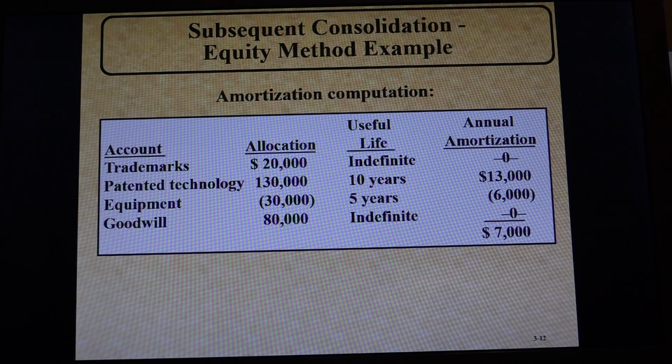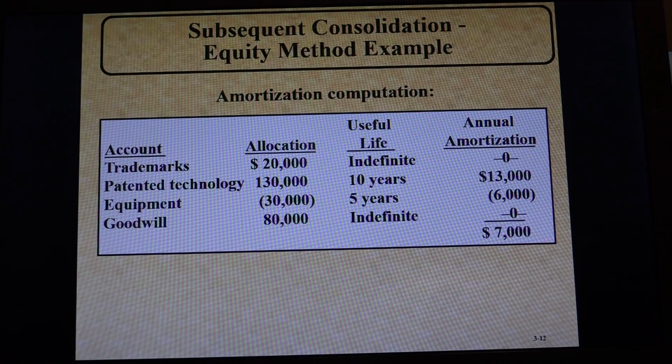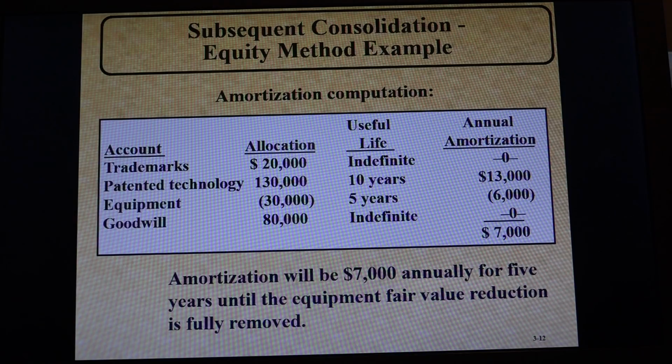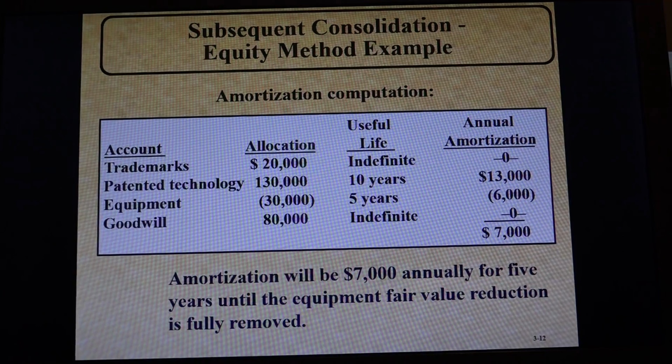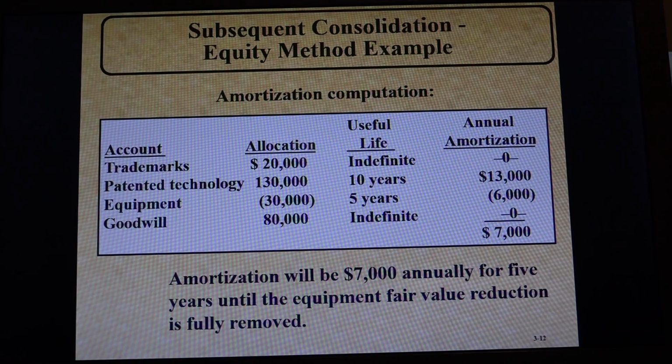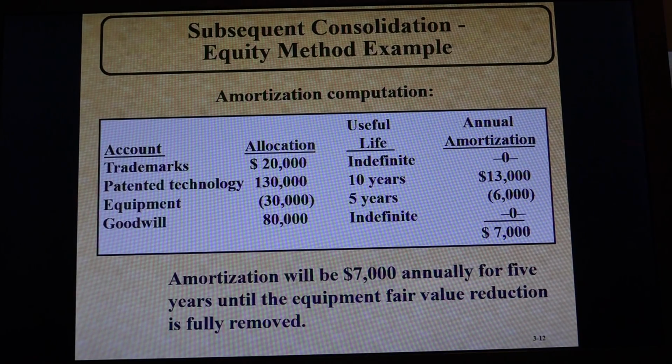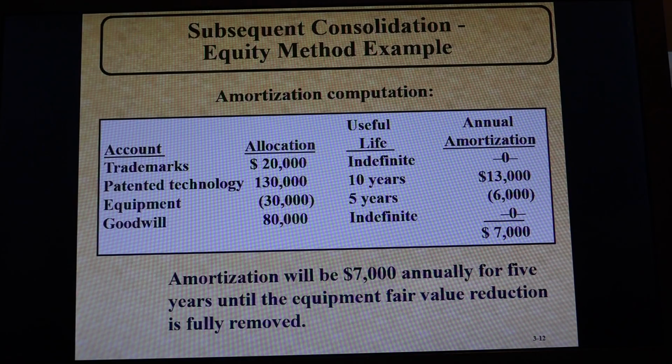Bottom line is that the net annual amortization is $7,000. And so amortization here will be $7,000 annually for the 5 years that you have this equipment, its useful life. And then, of course, in years 6 to 10, it's going to be $13,000, because the $6,000 negative amortization goes away.